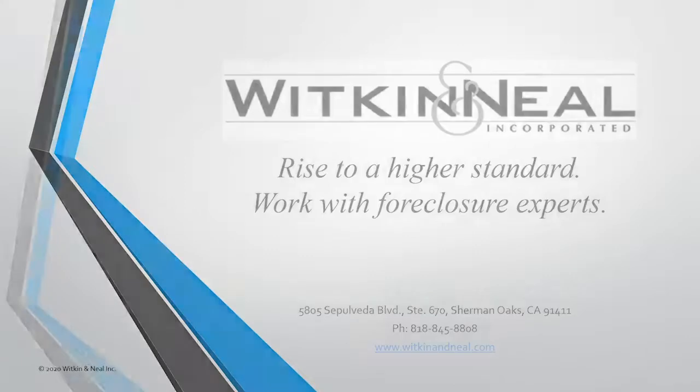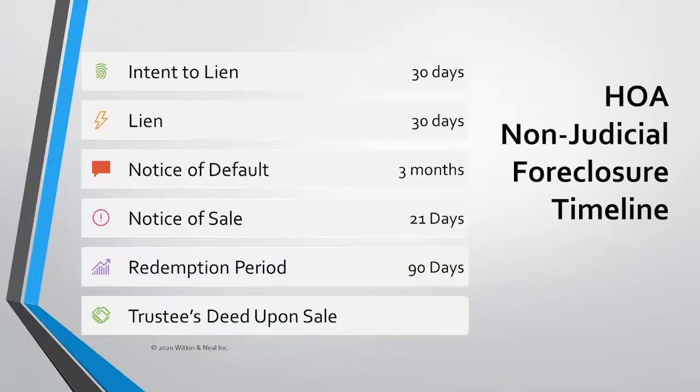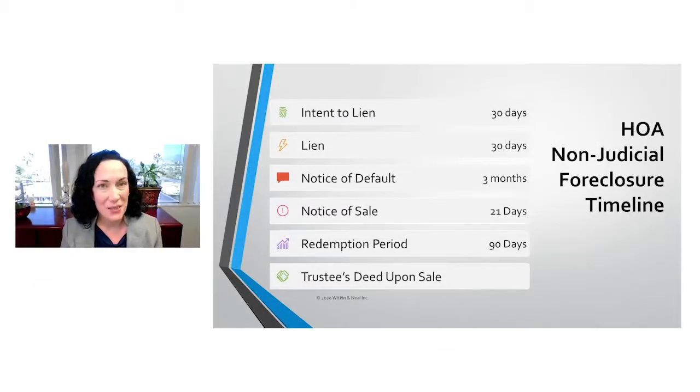So, without further ado, let's talk about non-judicial foreclosure for homeowners associations. Right now on the screen, you can see the general timeline for an HOA's foreclosure. Non-judicial foreclosure, as the name implies, is a process outside of the court that involves using recording documents against a property to foreclose.